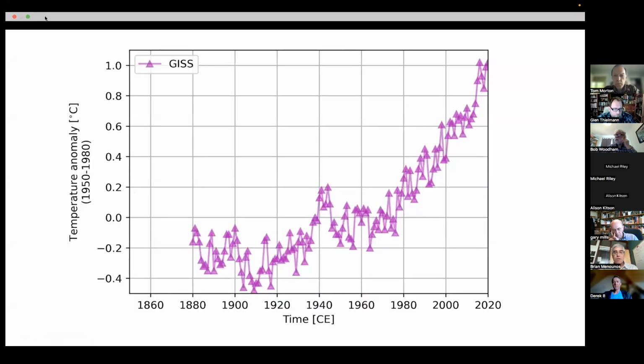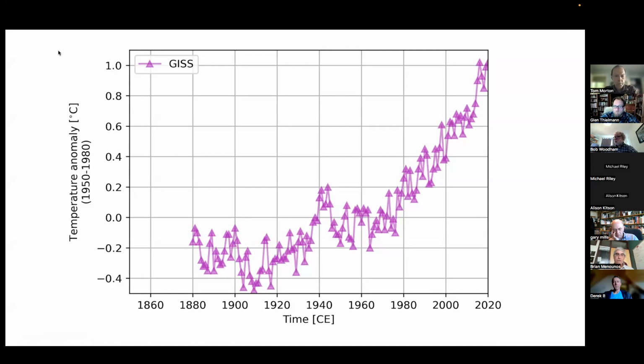And this particular graph is a trace of annual temperatures up till about the year 2020 from the Goddard Institute of Space Studies. This is one of NASA's research institutes that compiles all of the surface observations of temperature for the planet. And what's clear is that, at least for the last 125 years, when you take all of those station records together and average them, Earth's temperature has been getting warmer.